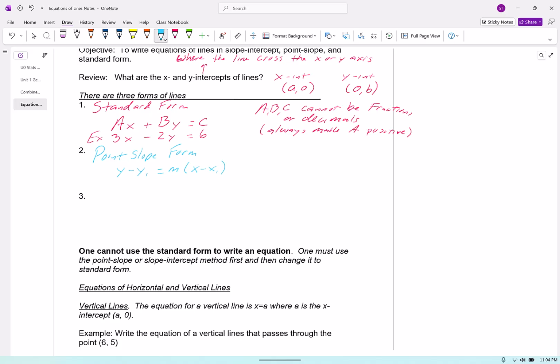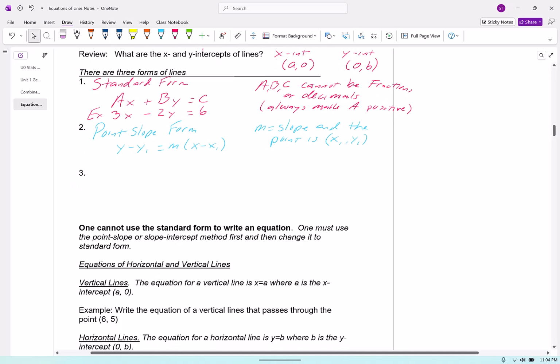All right, and so m is the slope, and the point is your (x1, y1). Okay, so that's why it's called the point-slope. You need a slope and you need one point in order to do this.